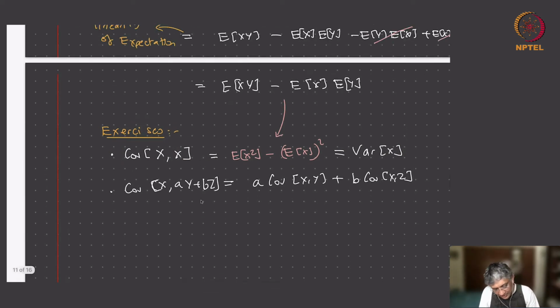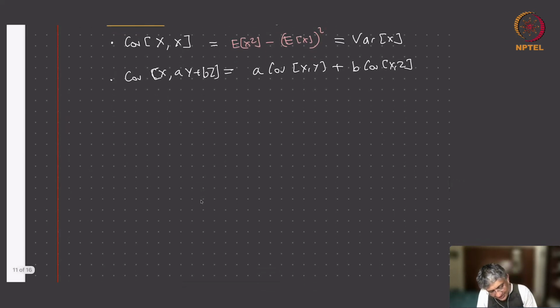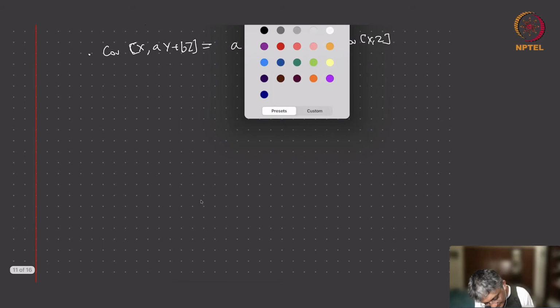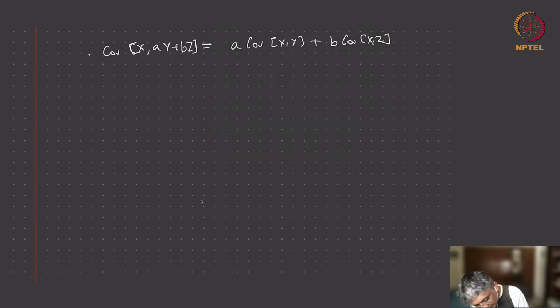Okay, so let me go back to this formula 1 and see something extra I can develop in this. So let's say we have two independent random variables. So let's say x and y are independent. Suppose I'm given that fact to you. Independent random variables.